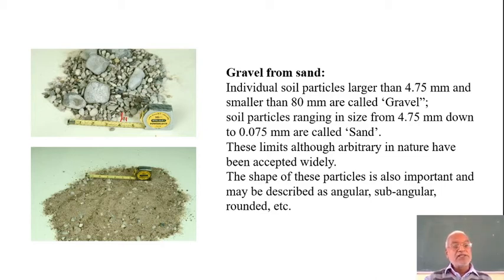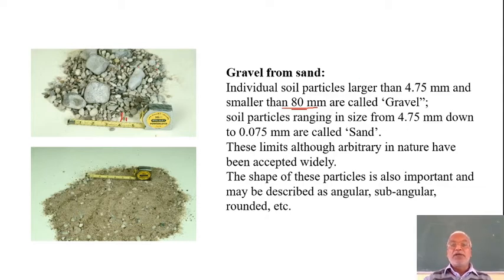So the starting size is 4.75 mm, and it goes up to 80 mm, as written here. 80 mm means 8 centimeters. Here I have a photograph in which around 6 centimeters is spread. All these particles, even though they are bigger in size, together contribute to the gravel.